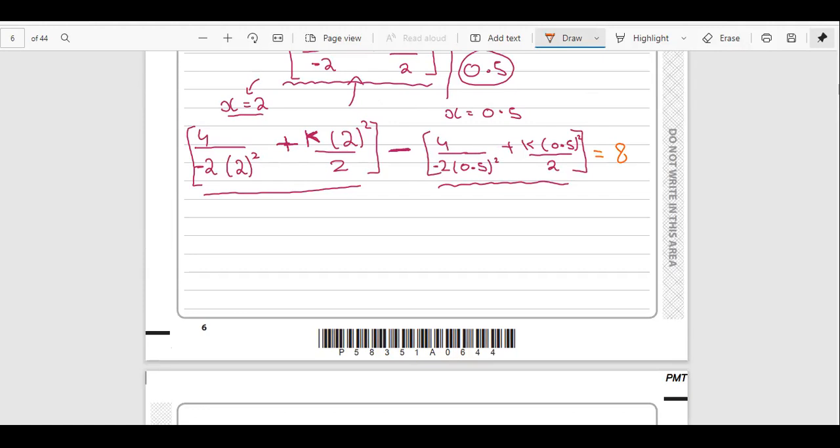Now we have to be very careful while simplifying it because things are a bit complicated. I cancel this and this, and I get 2, and then again this 2 and this 2, so I will have minus 1 by 2.